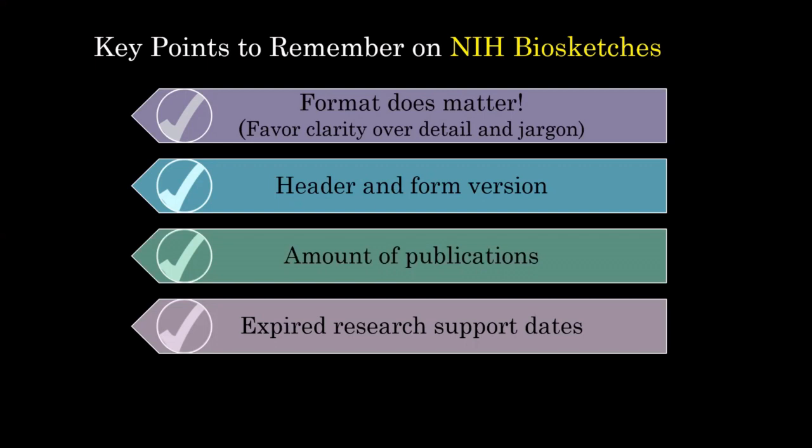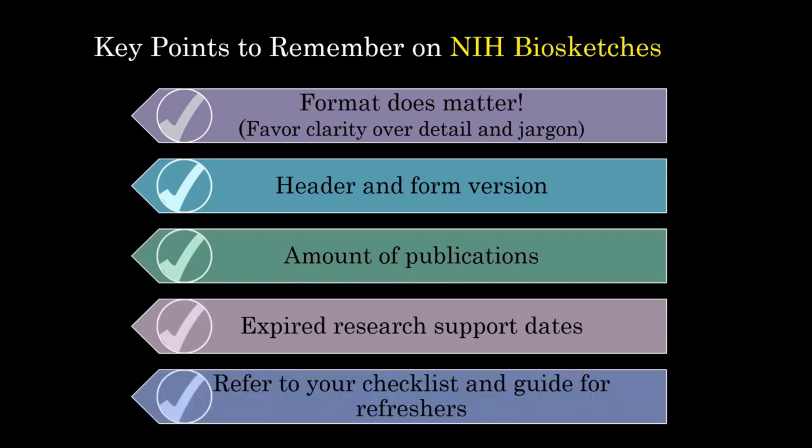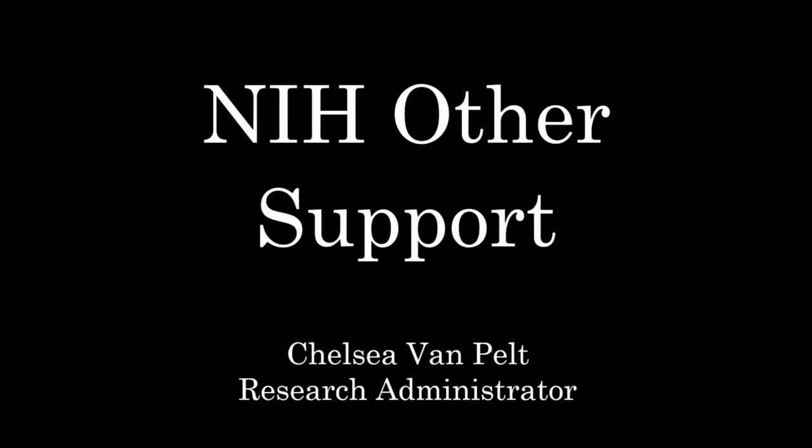Always check your research support to see if anything needs to be moved or taken off: if it's expired, it's past 3 years, it needs to come off, or if you have something that was just recently ongoing and it just ended, it needs to be moved to recently completed. And then again, your checklist and quick guide will be on the website.